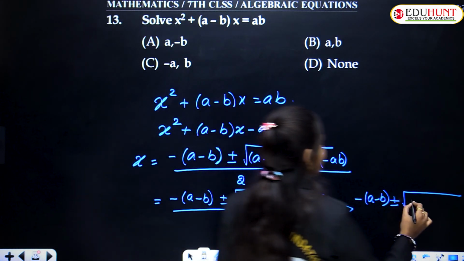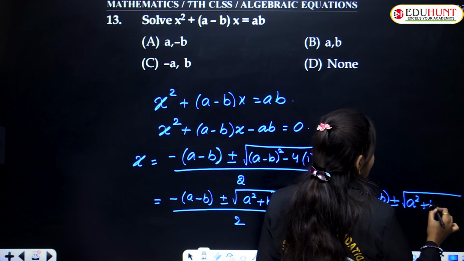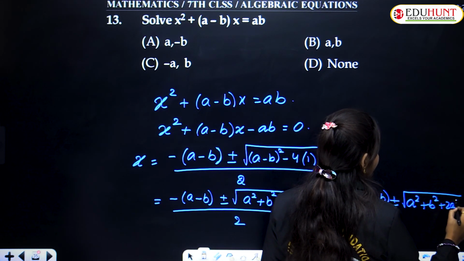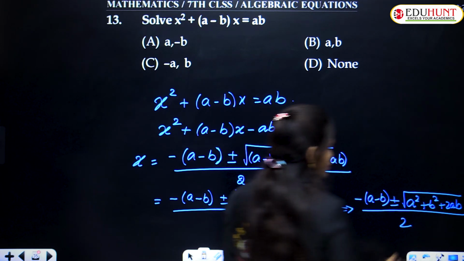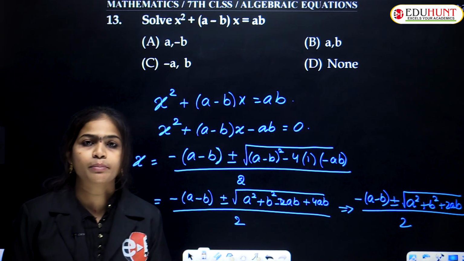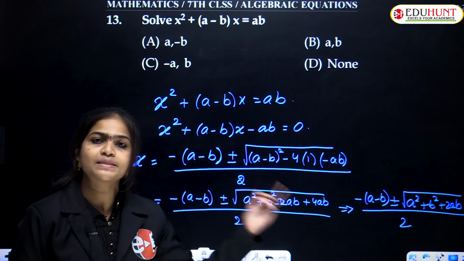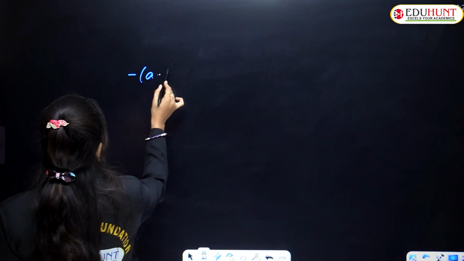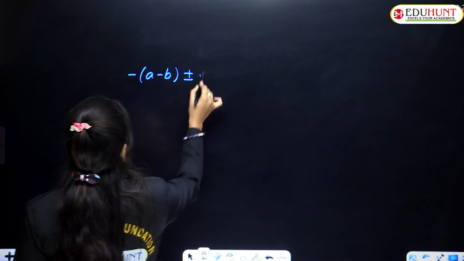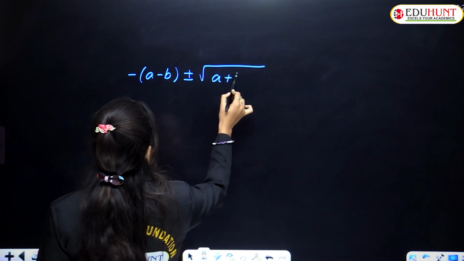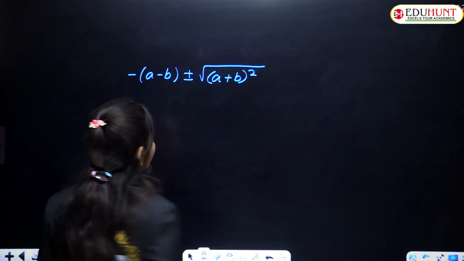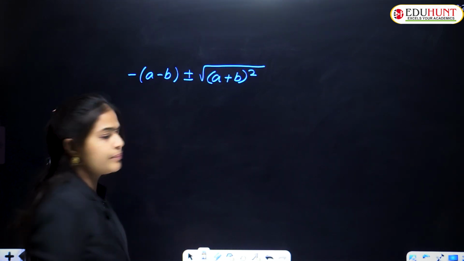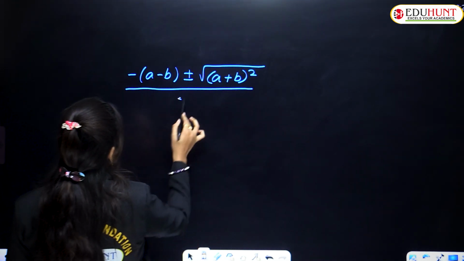So we will get a square plus b square plus 2ab whole by 2. a square plus b square plus 2ab is the formula for a plus b whole square.